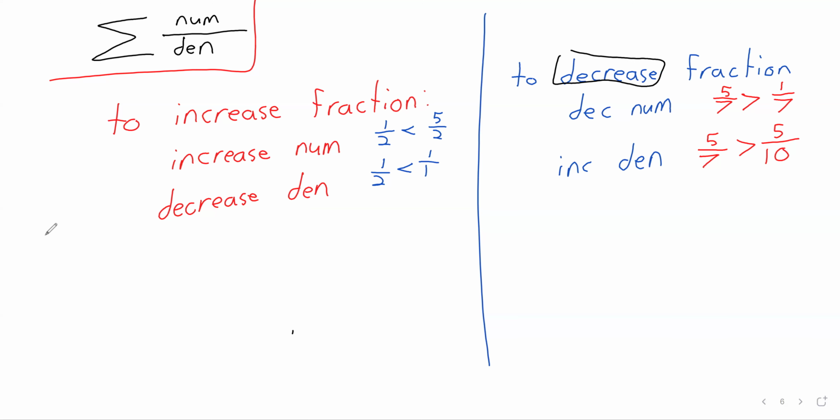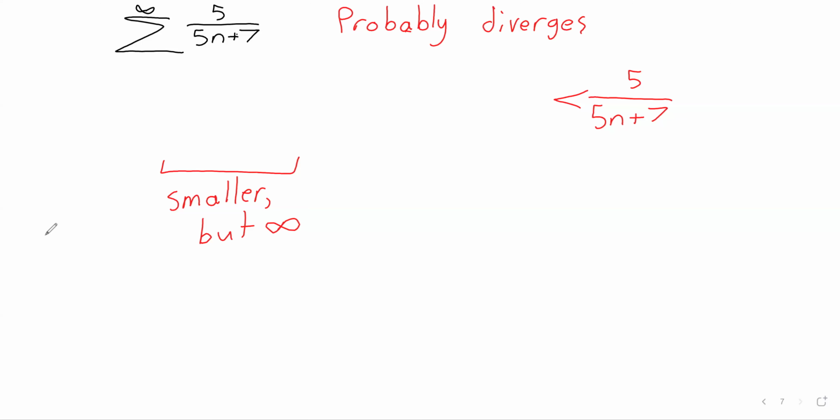The first option is to decrease the numerator, but that's not hopeful to me. And the reason I say it's not hopeful is that a constant multiple of a convergent series converges, and a constant multiple of a divergent series diverges. And the takeaway of that is this 5 up here.